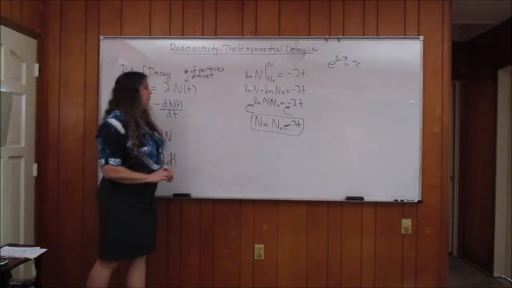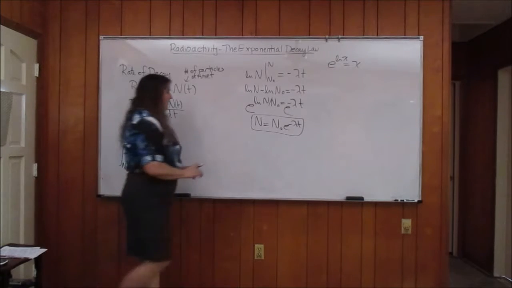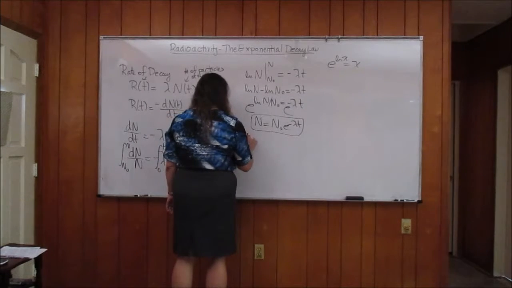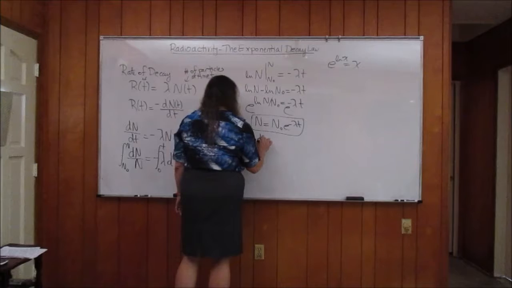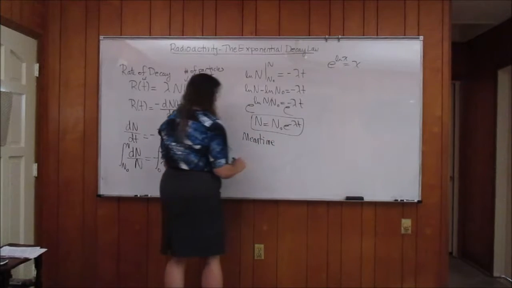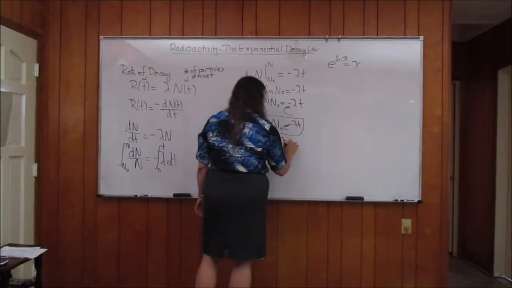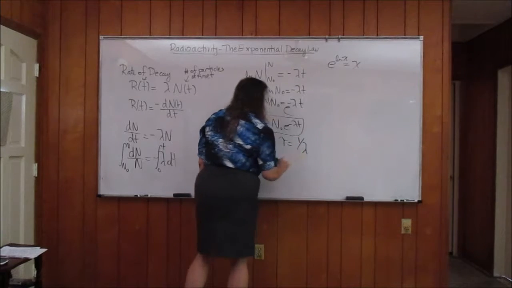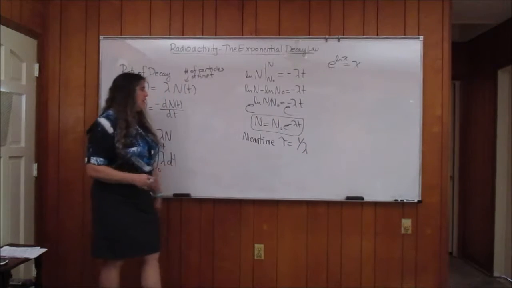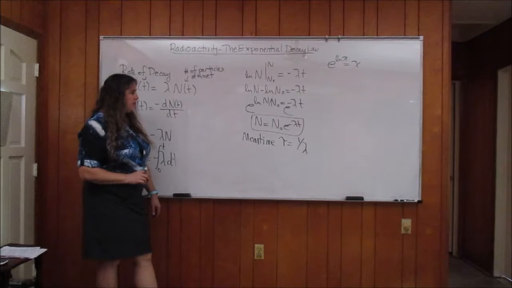Now another useful quantity is the so-called mean time. And that is defined as 1 over lambda, and obviously it has units of time.